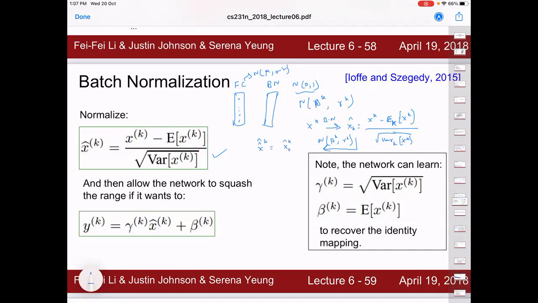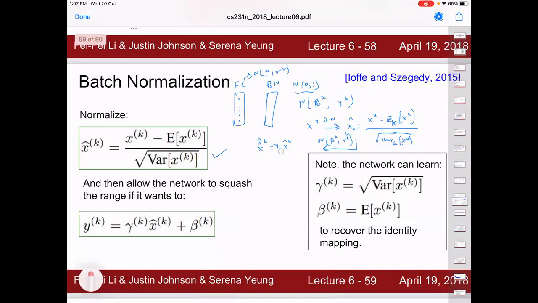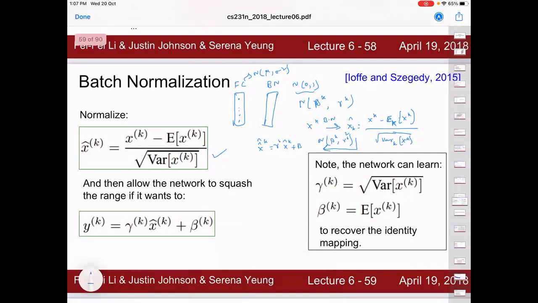X hat k multiplied by gamma k, because gamma square is the variance, so gamma k comes here. And then where does beta come? Plus beta k. So this transforms the normal distribution 0, 1 to beta k, gamma k, for a particular sample.